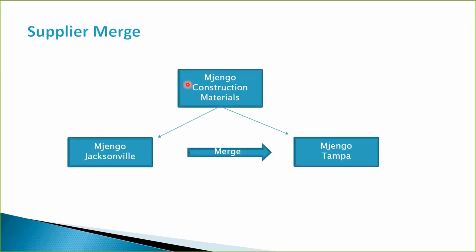So this is just an example of how a supplier merge would look. Like I said, the merge takes place at the site level. So in this example, we have a supplier called Mjengo Construction Materials. This supplier will have two sites. Maybe they have a store in Jacksonville and another store in Tampa, Florida.